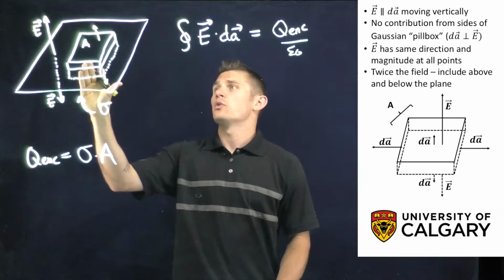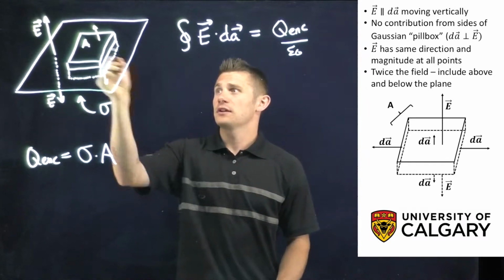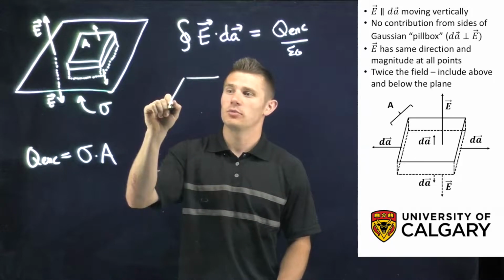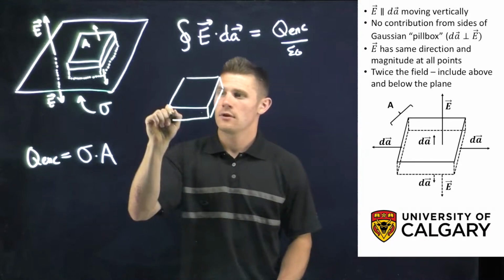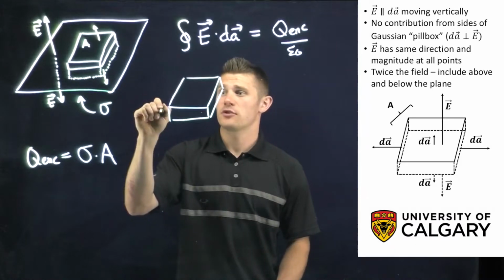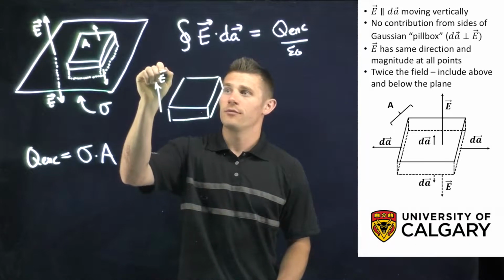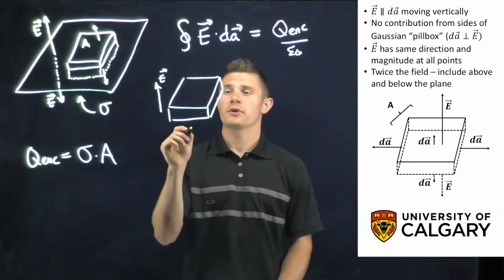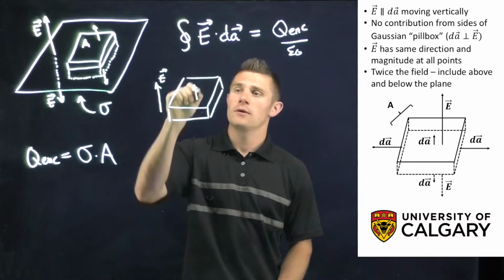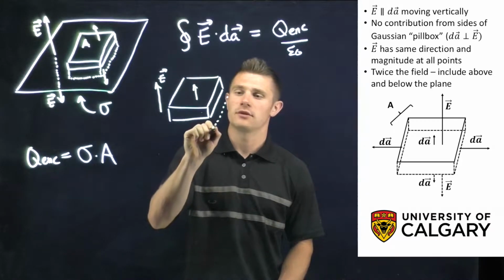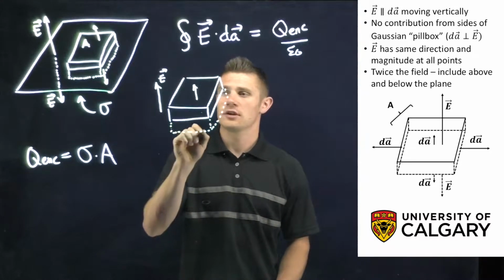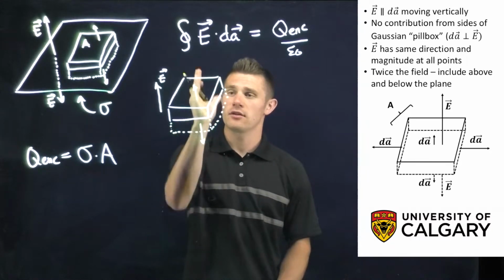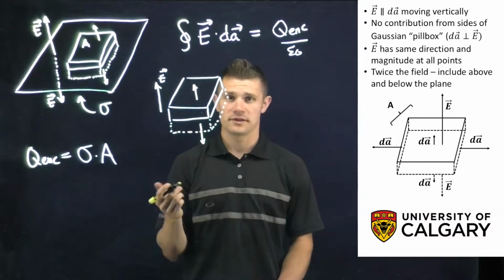However, now we have to recognize that because our Gaussian pillbox has this shape, and the electric field is moving straight up away from the plane of charge, it will only pass straight through the top and the bottom of this Gaussian pillbox, if we include the underside underneath the plane of charge.